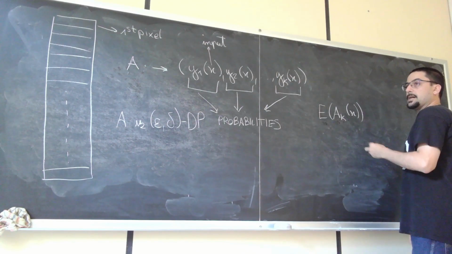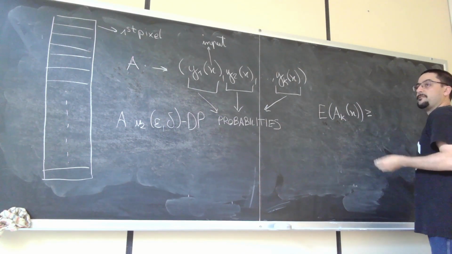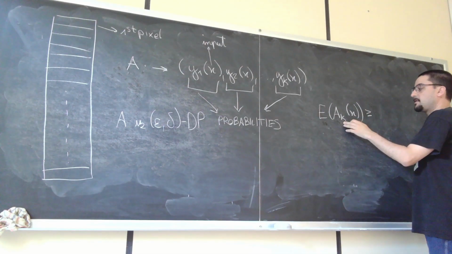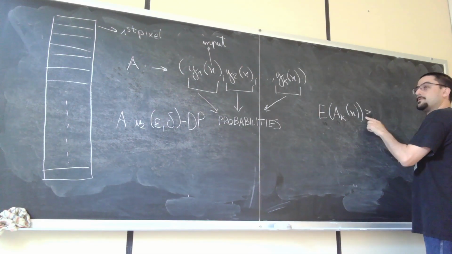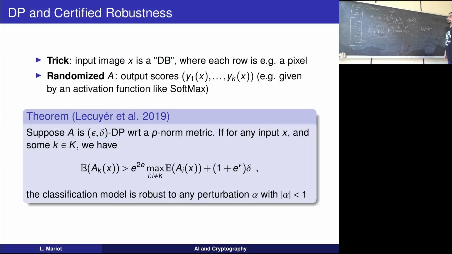So we are considering a single class here. If for this class the expected value is strictly larger than that particular quantity, then the model will be robust to any perturbation. What does it mean?